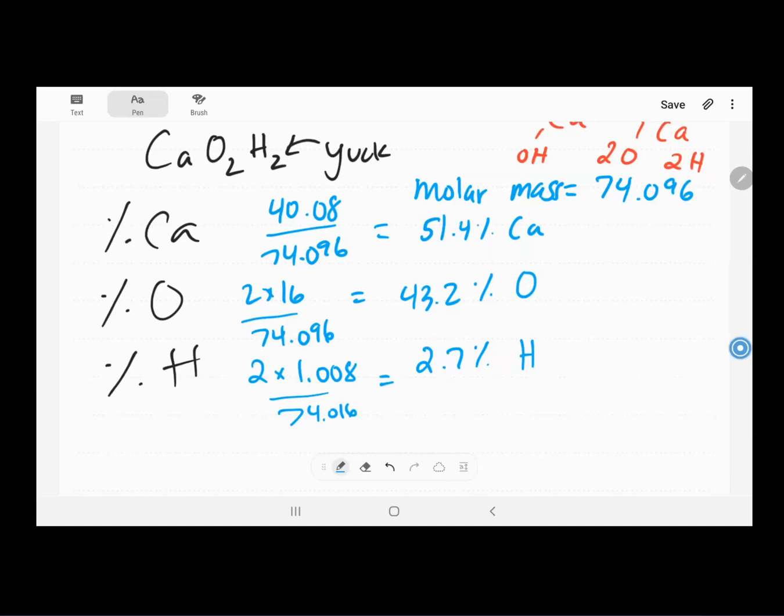These don't quite add up to 100. I would say that one's probably a little higher. Manuel, you failed us. The molar mass was wrong.